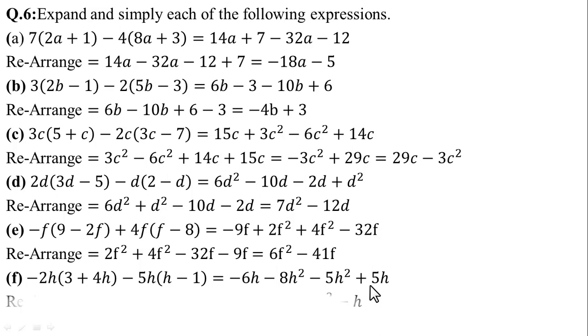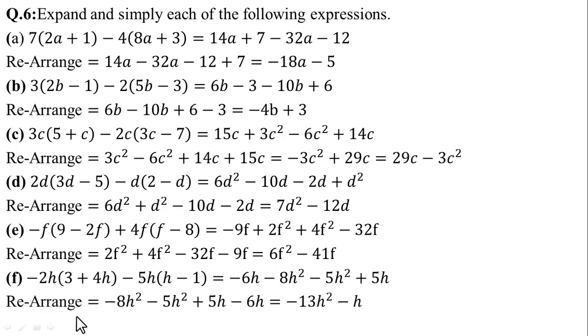Now rearrange the values. We have minus 8h square minus 5h square, plus 5h minus 6h. Minus 8h square and minus 5h square is equal to minus 13h square, and minus 6h plus 5h is minus h. So the answer is minus 13h square minus h.